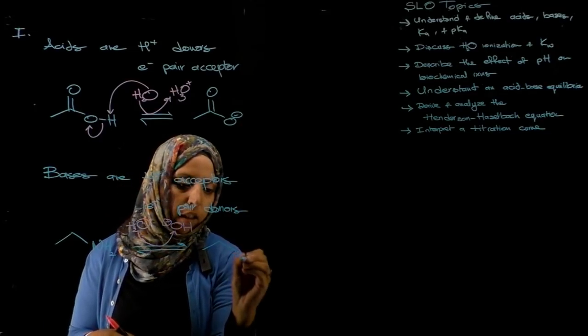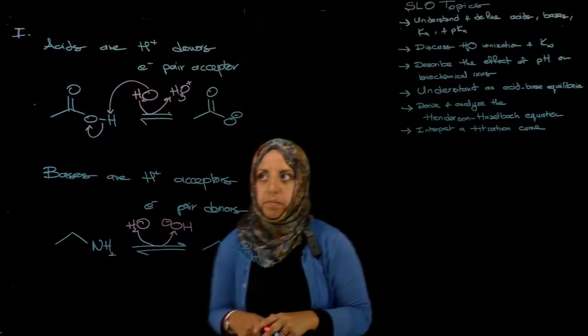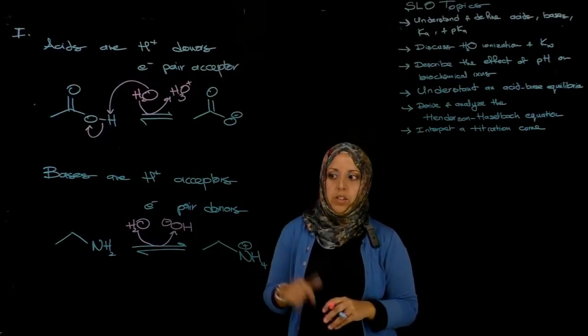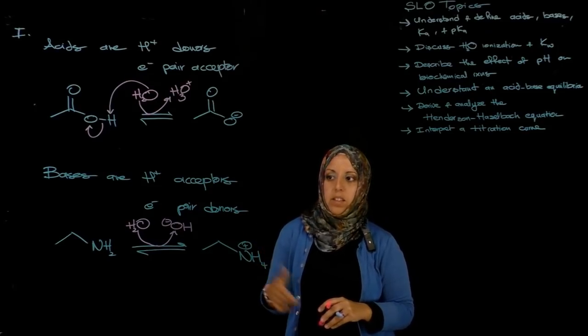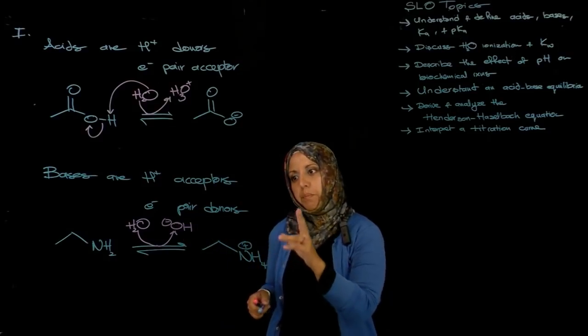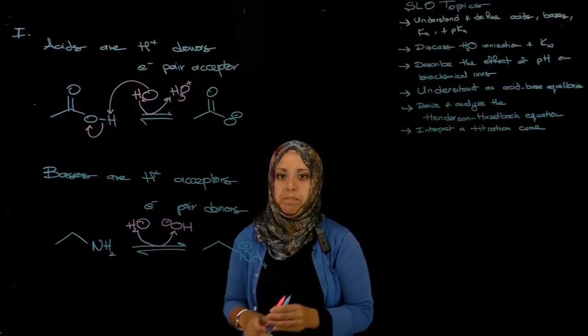And we have the products, right? So there goes the product, and if you wanted to draw the actual mechanism, you can, right? Just draw out the bond between the oxygens and the hydrogens so you can actually draw the equilibrium.